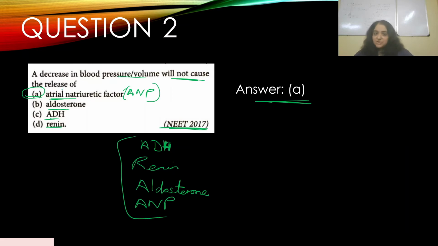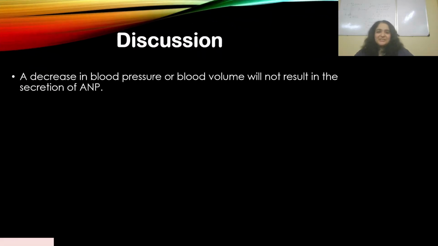Now you got another question. A decrease in blood pressure or volume will not allow the secretion of ANP. It's only when it's the opposite, when there's an increase in blood pressure or volume. We already know that, right? So clear with this? I guess I've already explained all the points related to this.